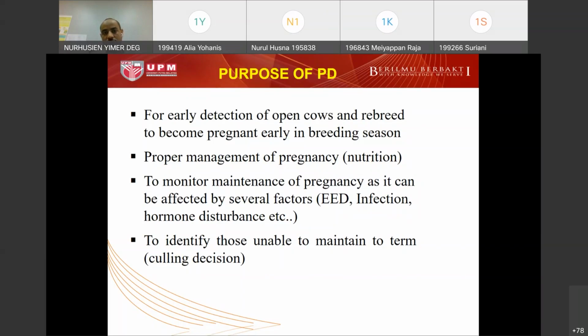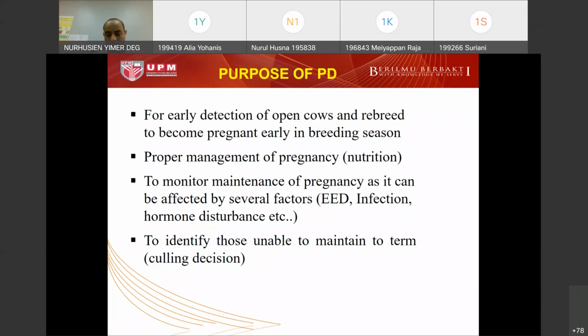So for you to make sure that the pregnancy is maintained, you need to check the status of this animal, even after you know that initially the animal is pregnant. So that is another purpose, to make sure that the pregnancy that you have checked initially and confirmed is actually sustained until term.